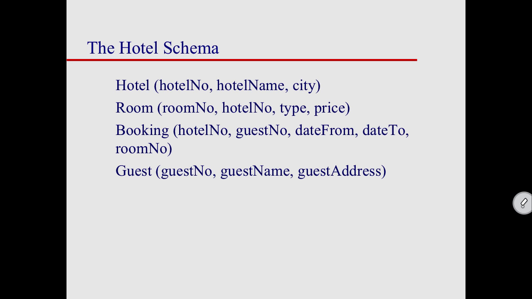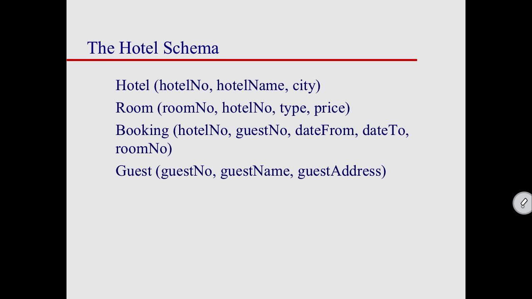So what do you think might be a super key, or a candidate key rather, for room? Room number and hotel number. So a candidate key for room would be room number and hotel number. A super key could be room number, hotel number, and type.